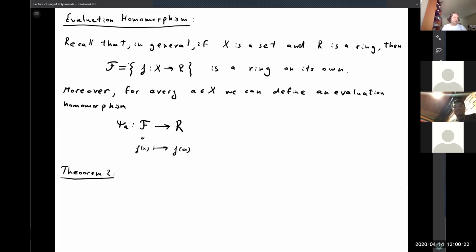Much of this relates to an integral domain, but this will simplify our life a lot. So for theorem 2, let F and E be fields, and let's suppose that F is a subfield of E.